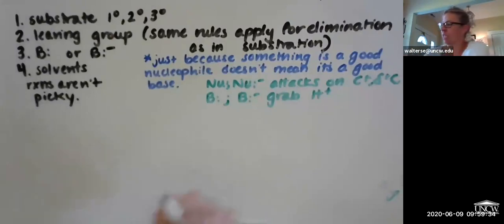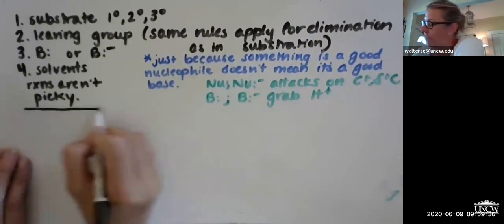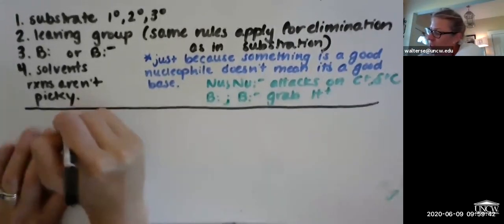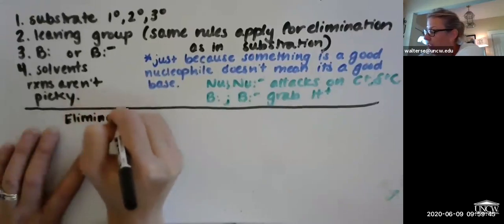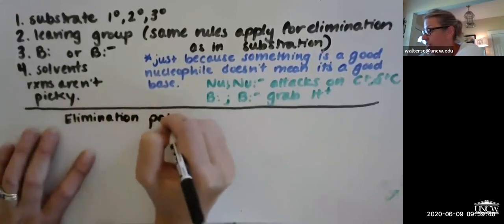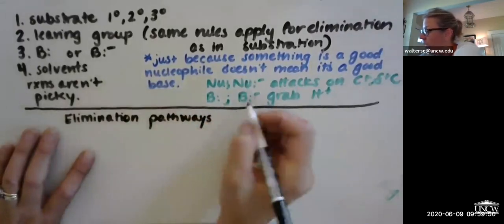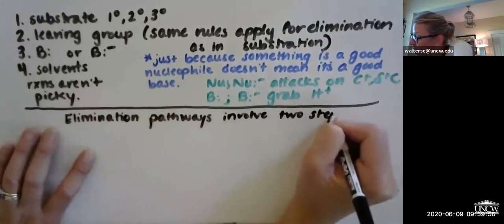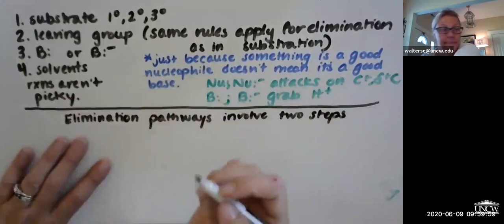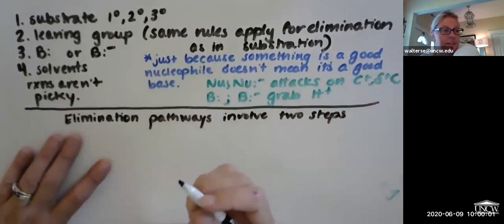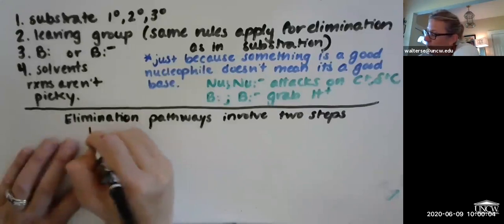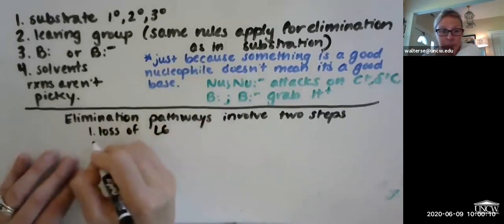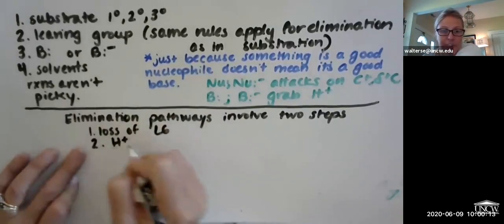So the next part of this, just like in substitution, both elimination pathways involve 2 steps: loss of the leaving group and proton transfer.